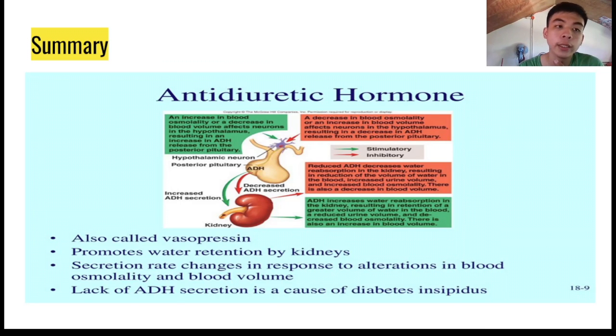The most important thing to know about ADH is that if a person lacks ADH secretion, it can cause diabetes insipidus. Like I tackled earlier, the two symptoms of lack of ADH secretion are feeling thirsty and peeing a lot. So that's all for my report.